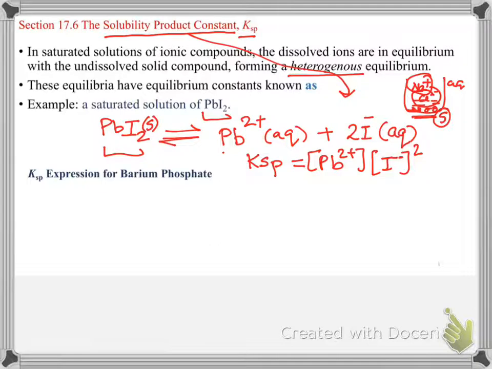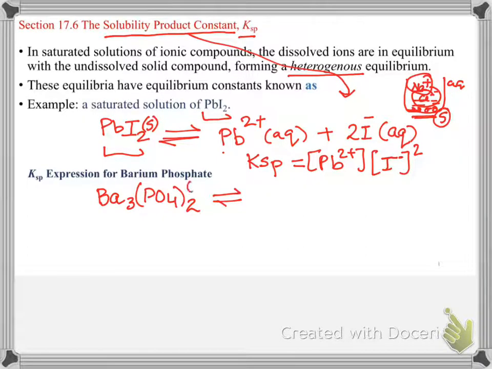So let's take another example, barium phosphate. These are ionic compounds, but their solubility in water is very low, and they are present in the ionic as well as in the solid form. Barium phosphate: I'm expecting that you know how to write these formulas. Barium has 2+ charge, phosphate has 3 negative, and you just swap the charges.